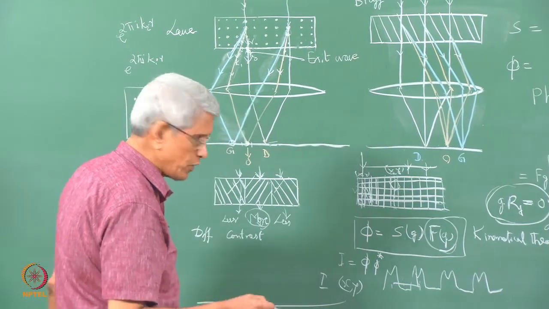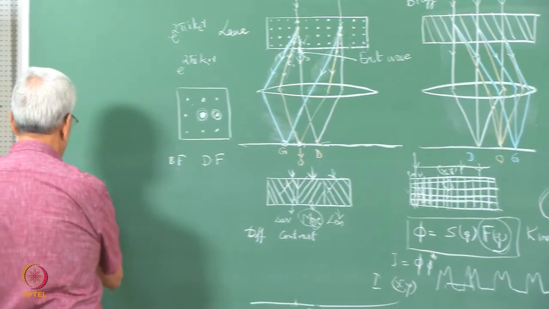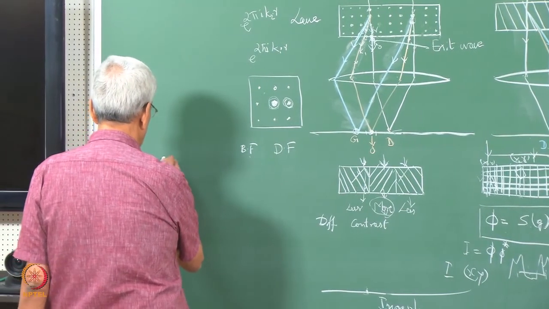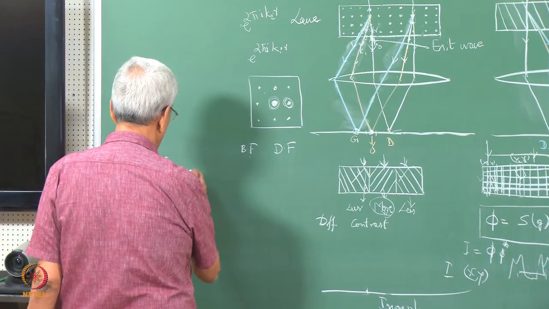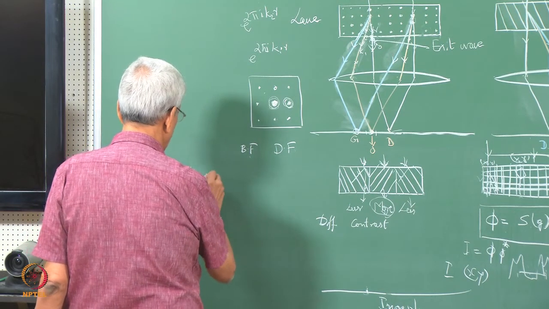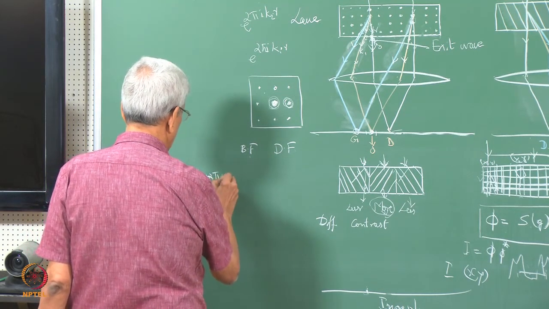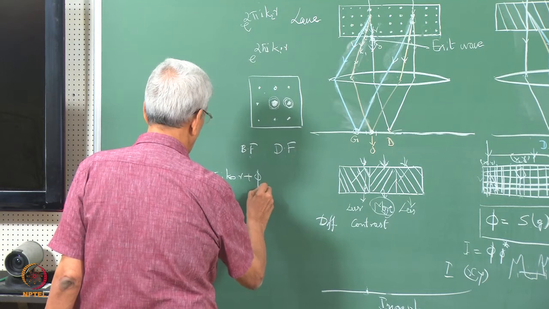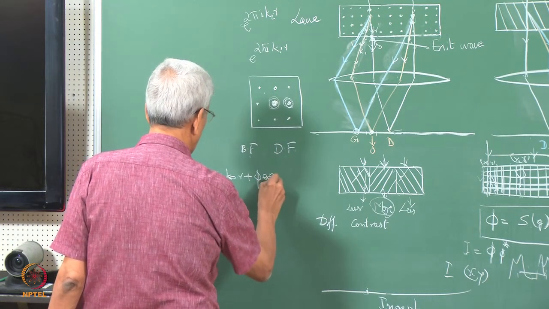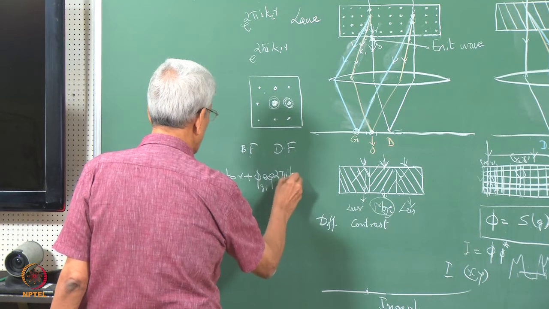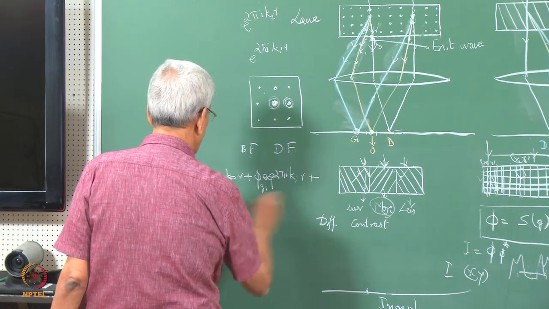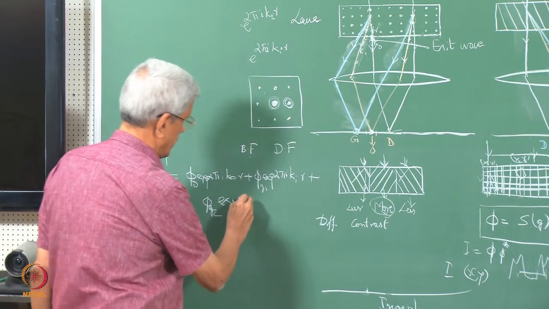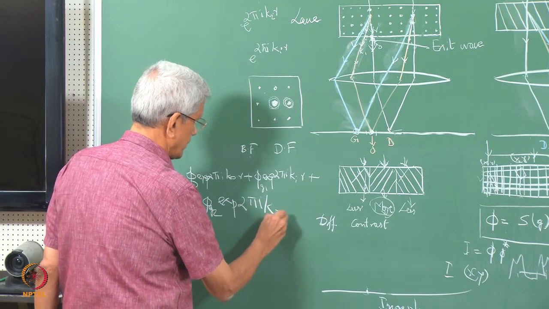So, essentially what is going to happen is that at every point on that image, the amplitude, when we try to find out, is going to be 1 corresponding to phi 0 into exponential 2 pi i k0 dot r, plus phi g1 into exponential 2 pi i k1 dot r, plus phi g2 into exponential 2 pi i k2 dot r.